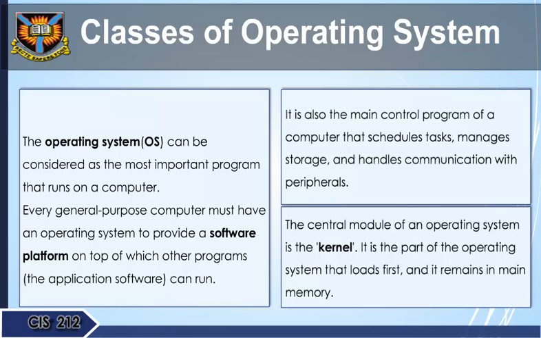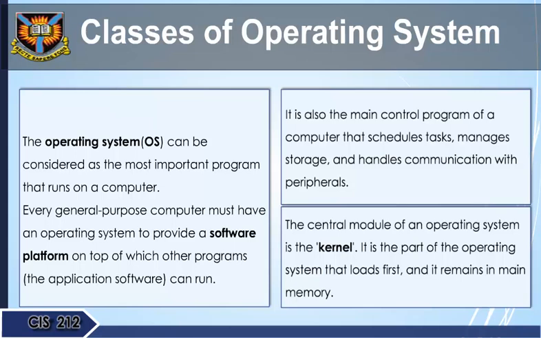Every general-purpose computer must have an operating system to provide a software platform on top of which other programs, the application software, can run. It is also the main control program of a computer that schedules tasks, manages storage, and handles communication with peripherals. The central module of an operating system is the kernel.